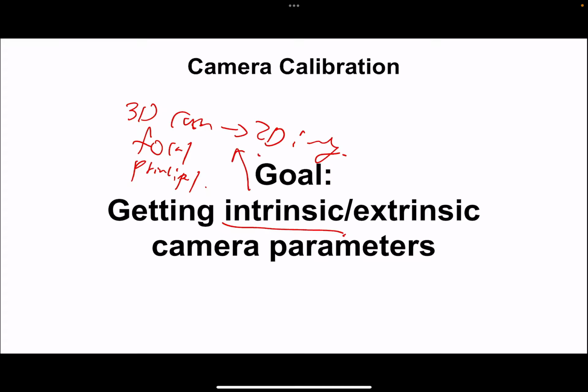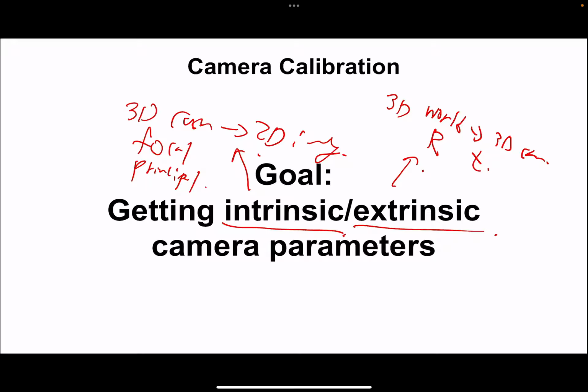Extrinsic is for 3D world to 3D camera, like 3D rotation and 3D translation.